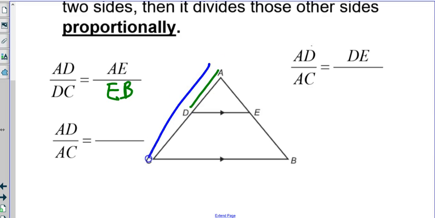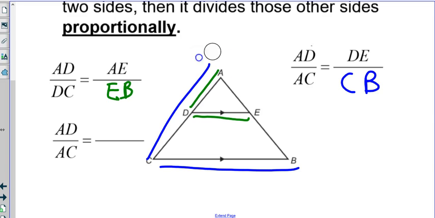So small to whole. Now notice, we're not doing AE and AB. We're doing over here DE is proportional to CB. So the small to the whole, small to the whole.